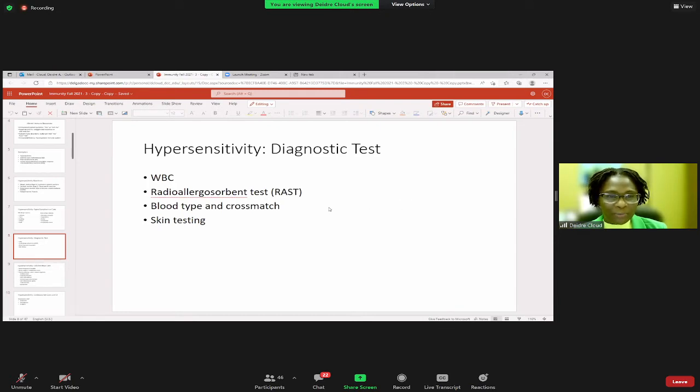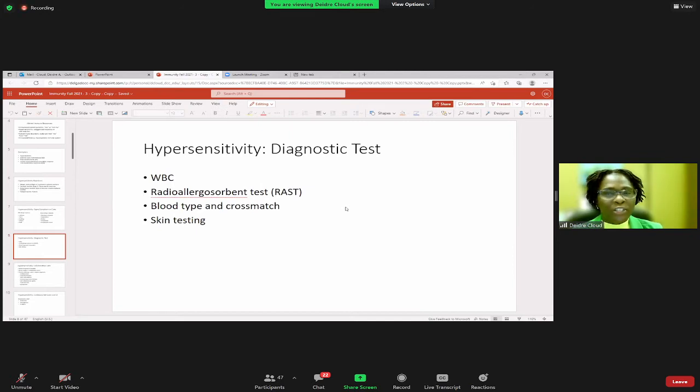And we talked about the reasons to do the blood type and a cross match. The cross match detects any antibodies that may interfere with the red blood cells of the donor. And this RAST test just checks your IgE, which is increased in allergic reactions and anaphylaxis.